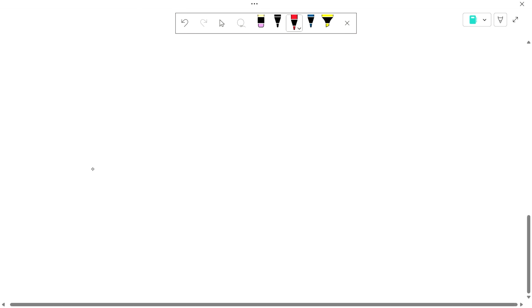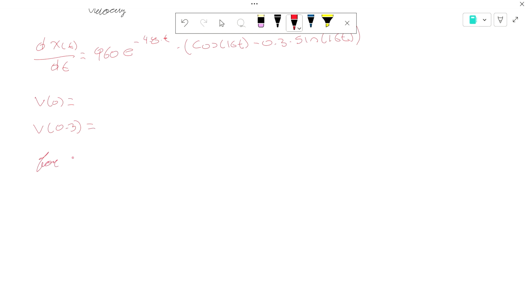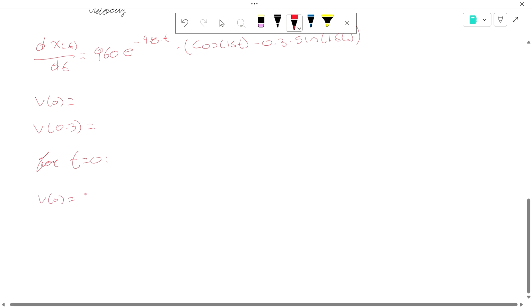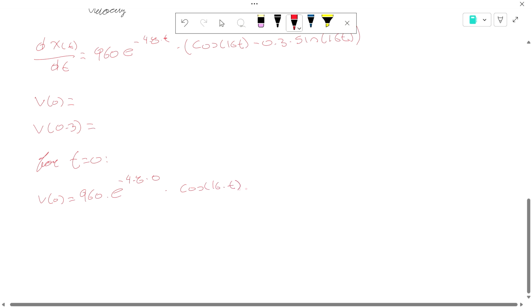So for velocity at time equals 0. So we have that when t equals 0, we have 960 times e negative 4.8 times 0 times cosine of 16 times t.